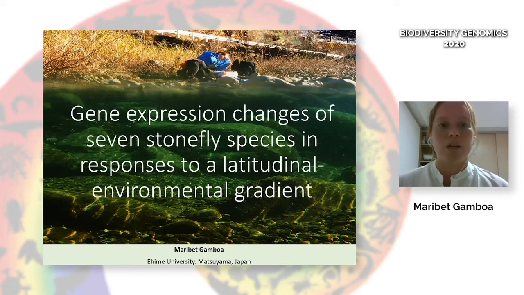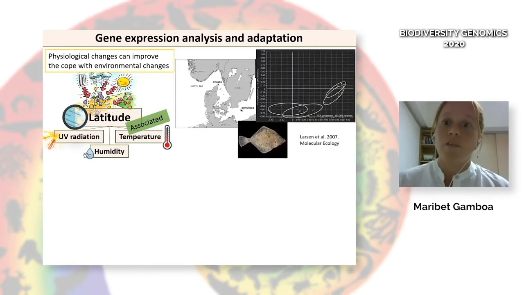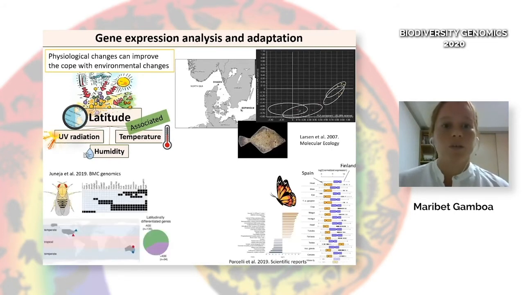And I'm going to talk to you about gene expression changes on multiple species associated with the latitudinal gradient. Gene expression has been studied widely along the latitudinal gradient because latitude is associated with UV, temperature and humidity variation. Previous studies have found population divergence, differential gene expression in multiple organs, and also parallel adaptation of latitudinal differential genes.